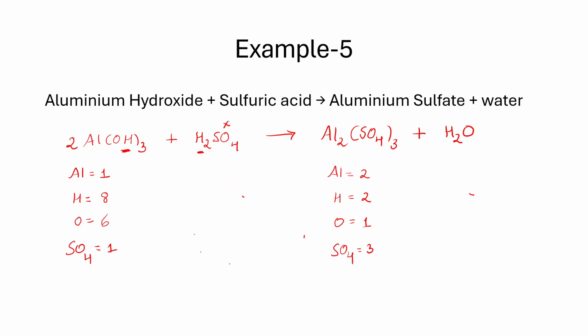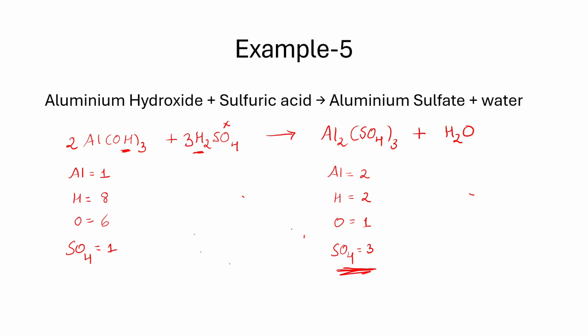All right. Now, the number of sulfates on the right side of the equation is 3, but the number of sulfate on the left side of the equation is just 1. So what do we do? We multiply the sulfuric acid part of the equation with 3, right?